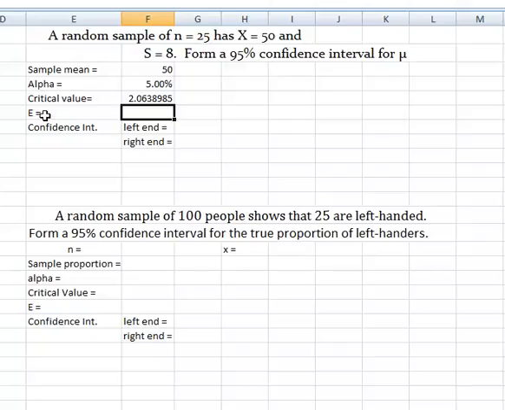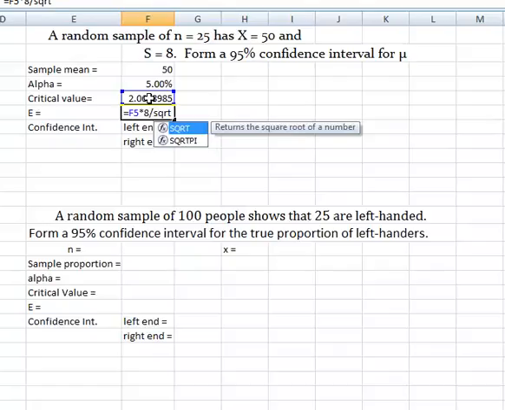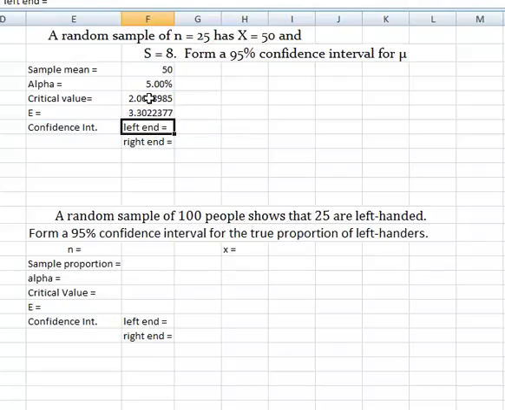Next, we want to compute the margin of error, E. E will equal T times S, where S is 8, 8 divided by SQRT of n, and n is 25, the sample size. So E is 3.30.